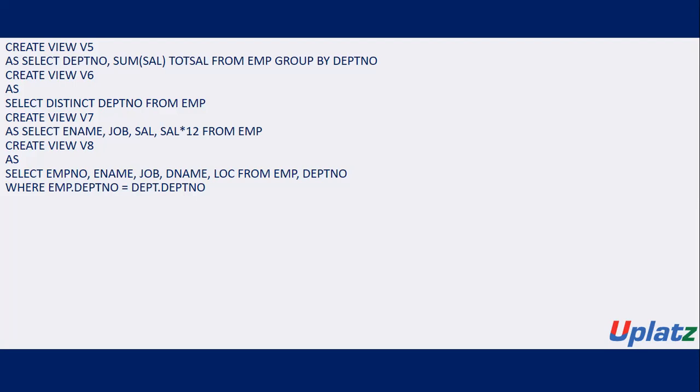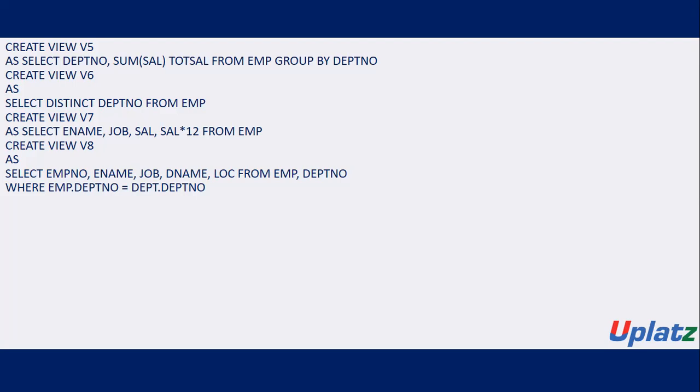Employee number, employee name, and job come from the employee table. Sorry, department name and location are coming from the department table.